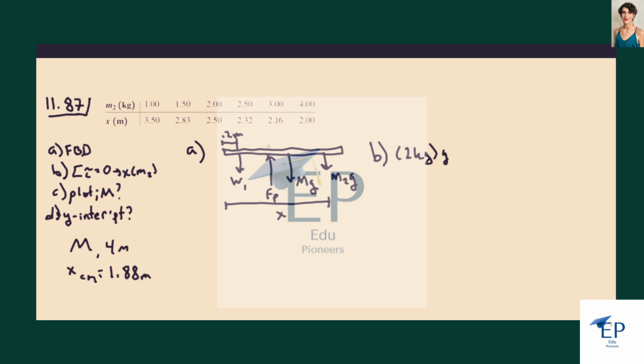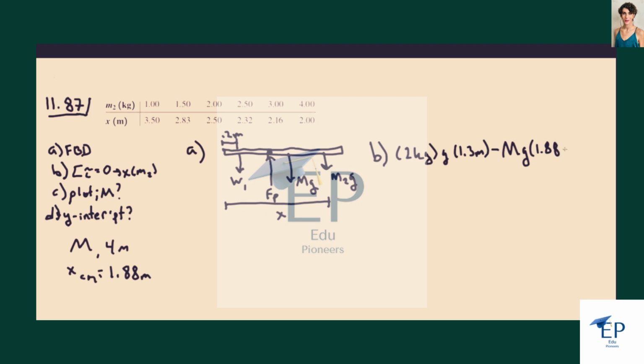For the axis we're using the pivot. This acts 1.3 meters from the pivot. We have the mass of the bar and the acceleration of gravity to make this its weight.